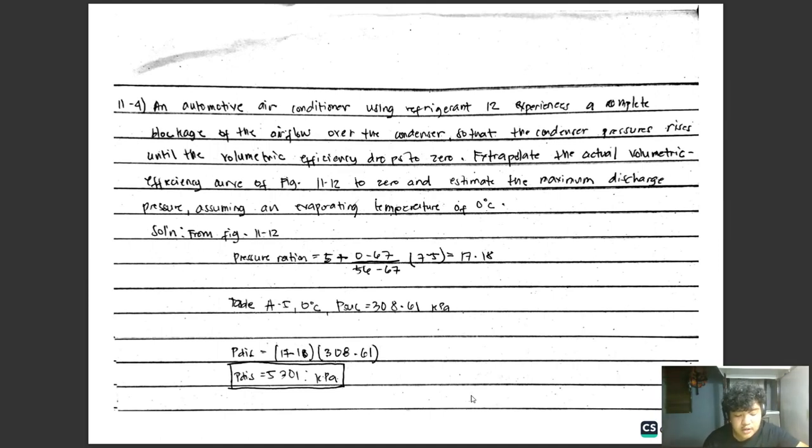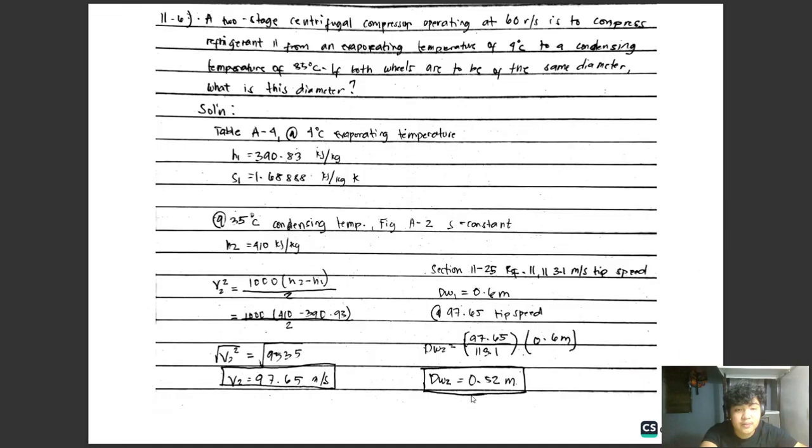So our discharge pressure is equal to 17.8 multiplied by 308.61, which is our suction pressure. We have our value for discharge pressure, which is 5,301 kilopascal. So that's it for problem 11-4.